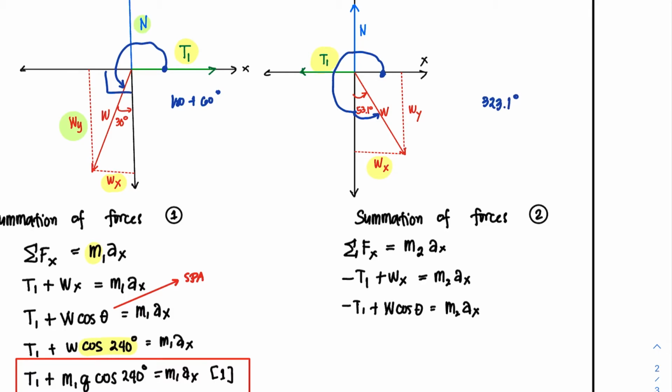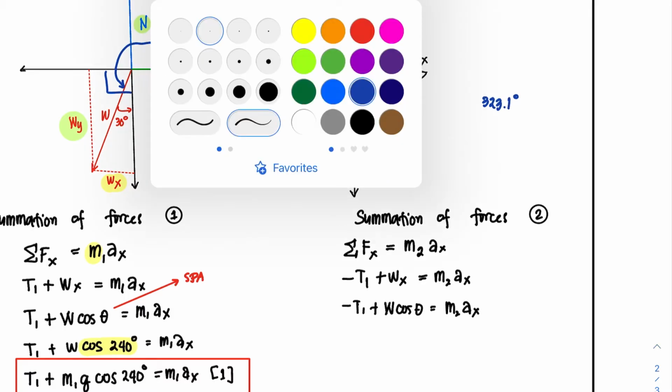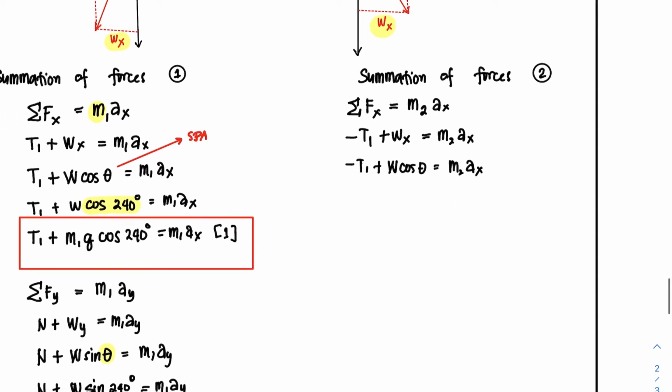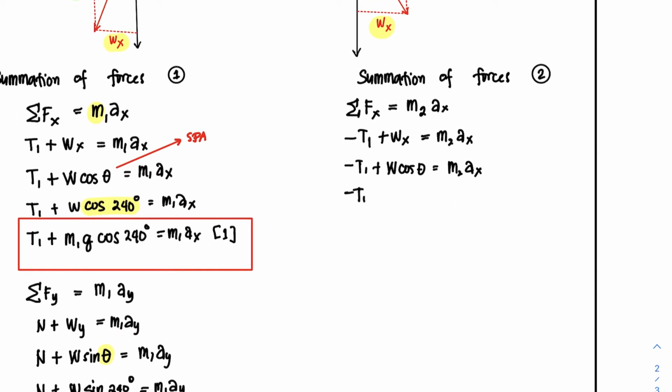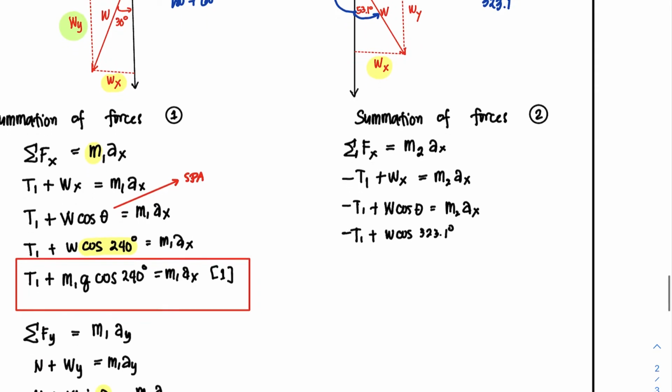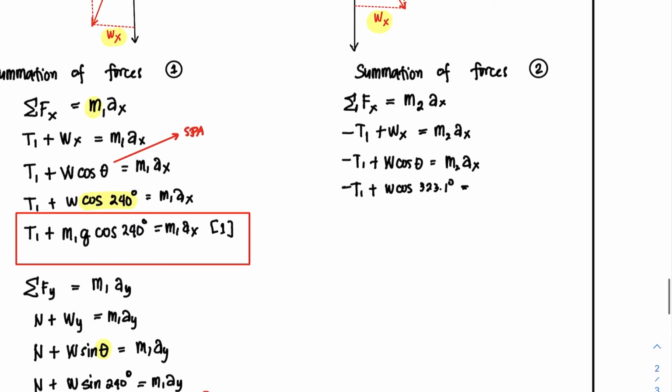So you substitute for your theta 323.1 degrees. You are going to get negative T1 plus W cosine of 323.1 degrees is equal to m2 a sub x.